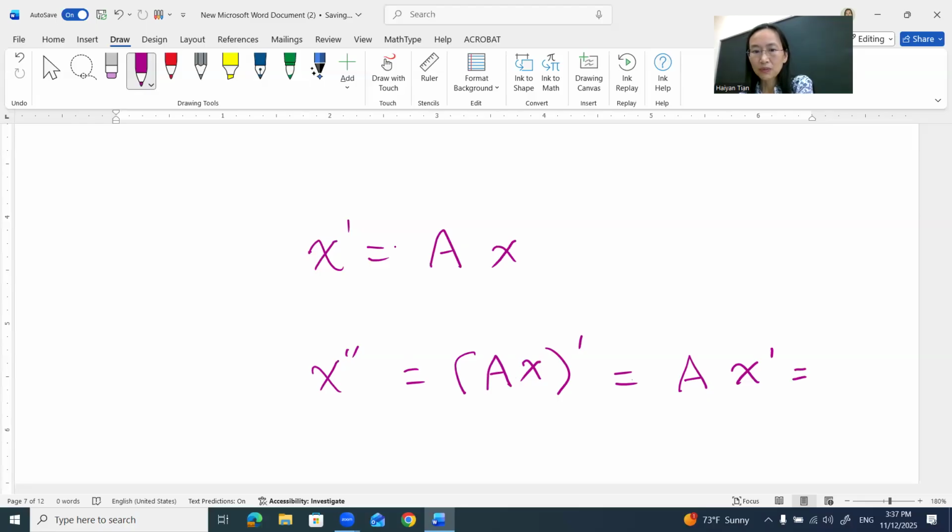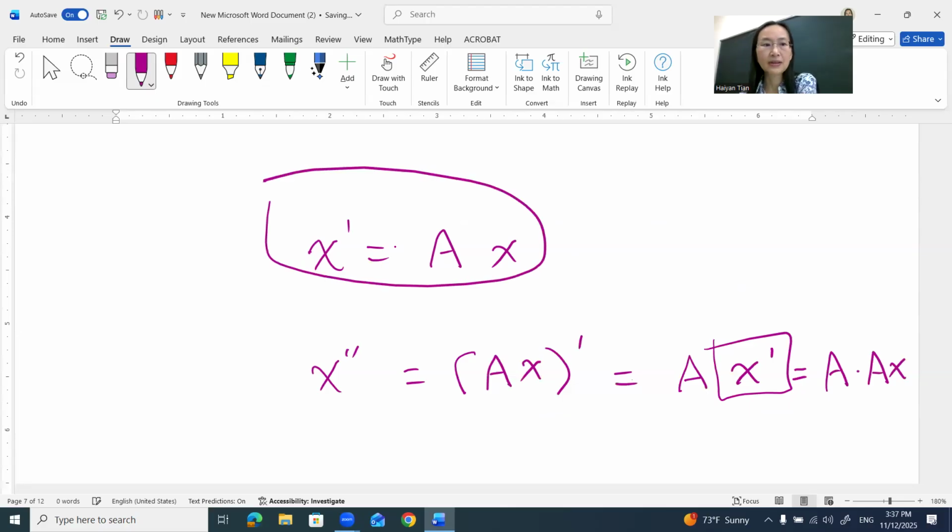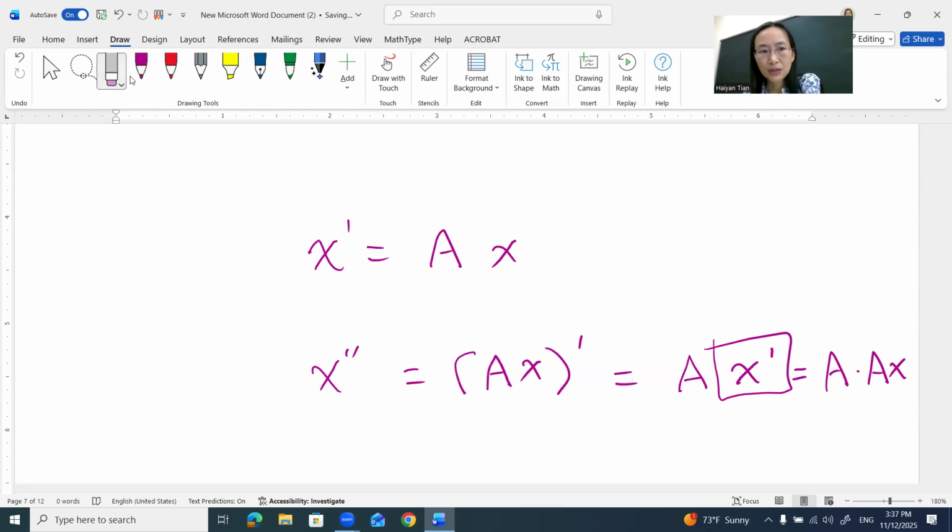And we know the derivative of x is Ax. You see, the derivative of x is given in the system. So we simply write it as Ax. Then we have A times Ax. So immediately the x double derivative is A squared x.